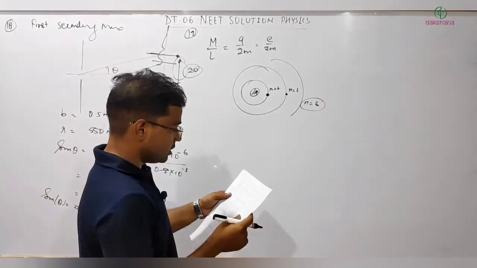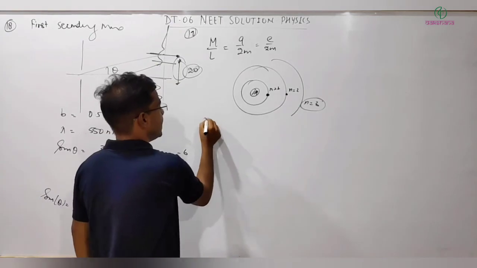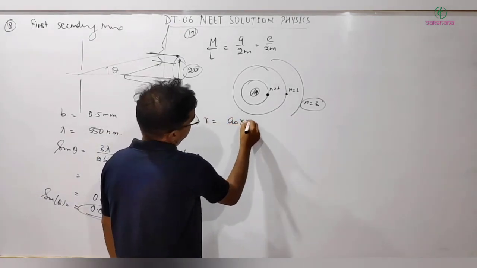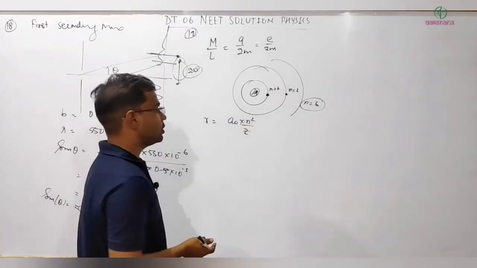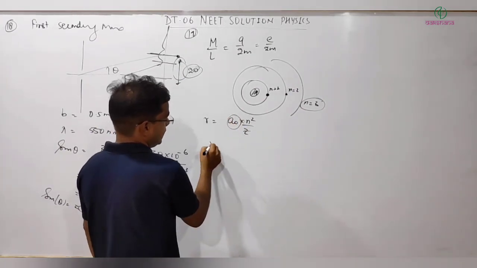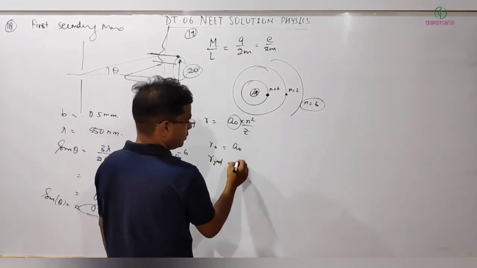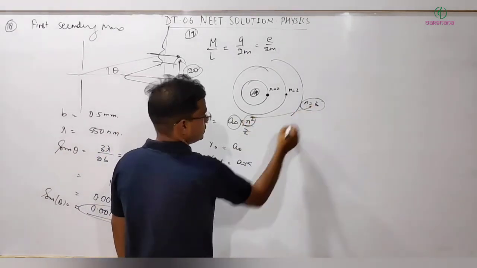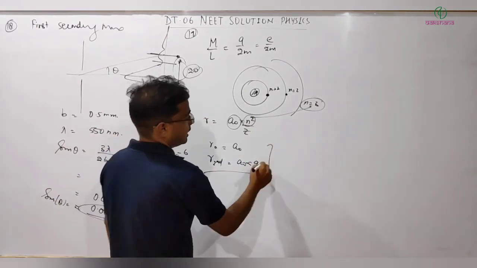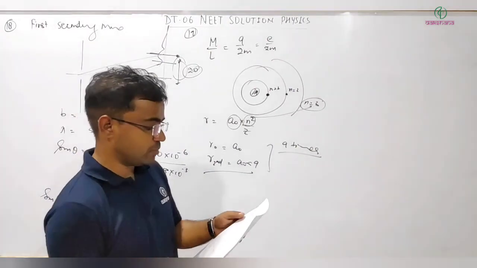Now r is equal to a0 into n square by z, where z is equal to 1. In the ground state, r0 is equal to a0, and in the second excited state r is a0 into 9, since n is 3. So the radius will become 9 times. That will be your fourth option.